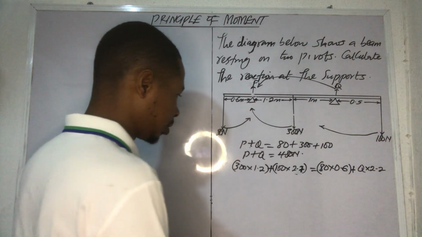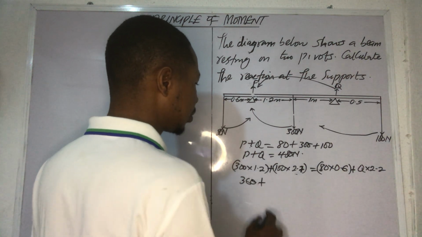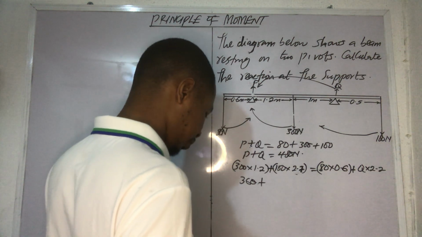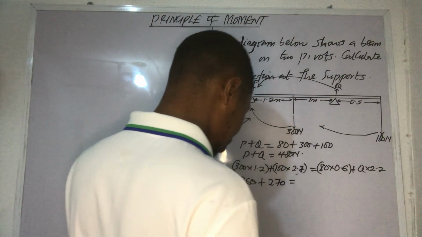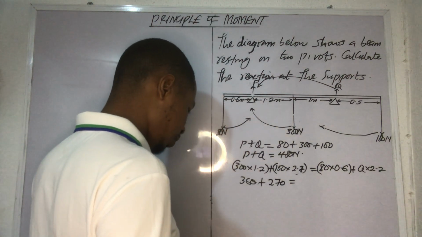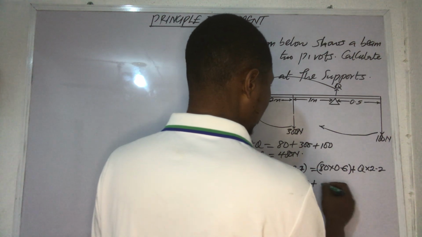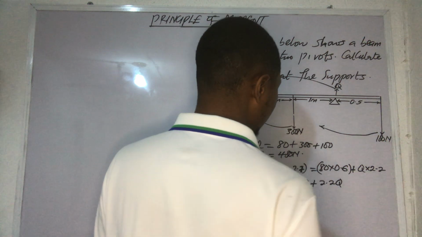Then if I simplify this further, I will have 300 times 1.2, that will give me 360, plus 100 times 2.7, that will give me 270, is equal to 80 times 0.6, that's 48, plus P times 2.2, that's 2.2P.